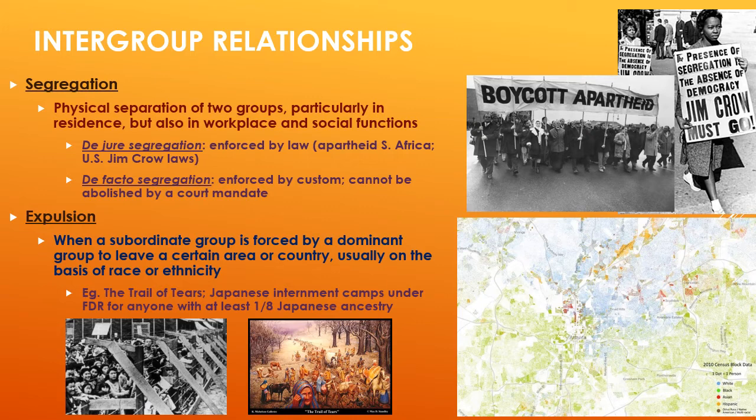So for instance, even after U.S. Jim Crow laws were kind of dismantled and ruled as unconstitutional, so de jure segregation was no longer undergirded by U.S. law, we still, of course, saw that de facto segregation continued, because to really change the hearts and minds of people living their lives day to day, sometimes just passing a law in a law book or in a courtroom is not just going to automatically change all the people and the norms and the customs that they've become used to.